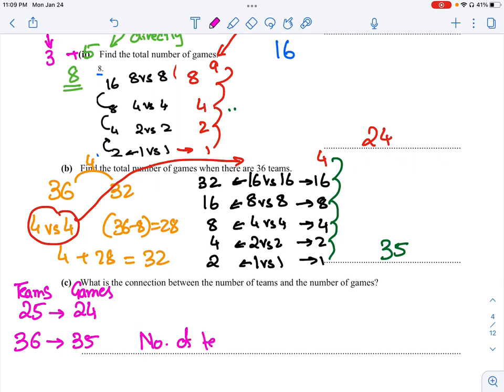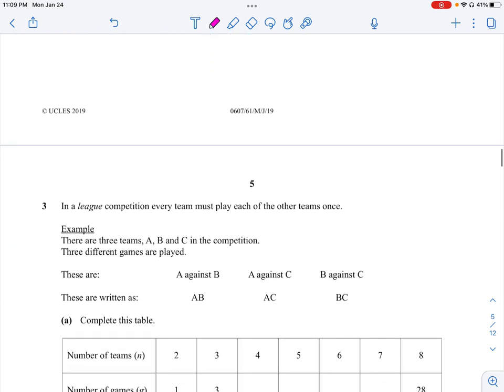So number of games is equal to, because teams is decided first, number of teams minus 1. We cannot take games and then decide the teams. So first teams are decided, then you subtract 1 from that, and number of games is decided. So number of games is equal to number of teams minus 1.